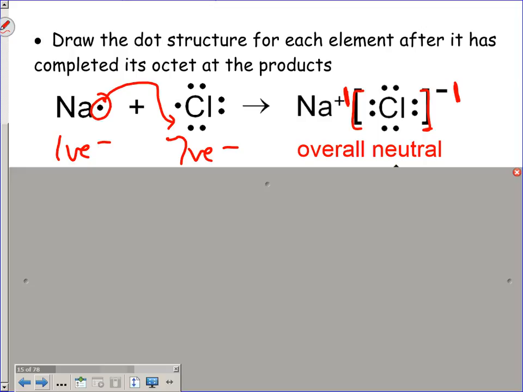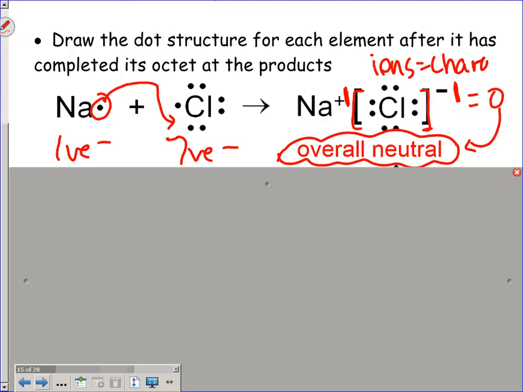What do you think I mean by overall? This is neutral. Right, perfect. Our 2 charges will cancel each other out, equal 0, which is what we call overall neutral. So even though the ions have charges, they complete each other.